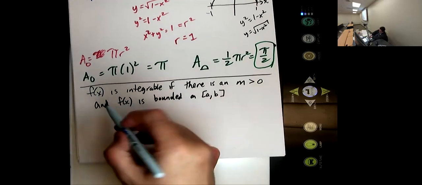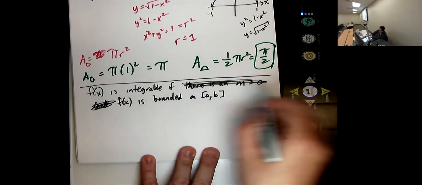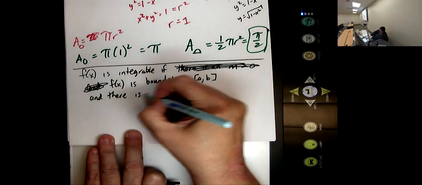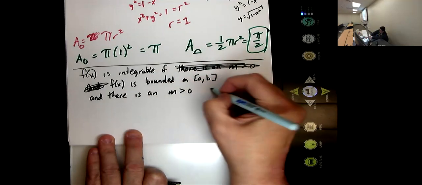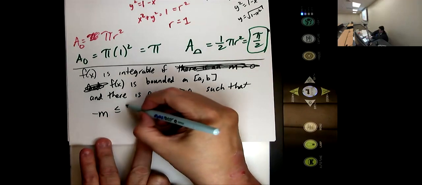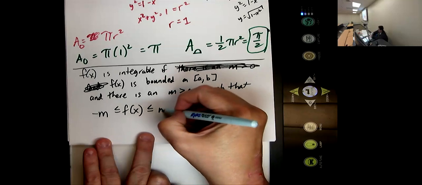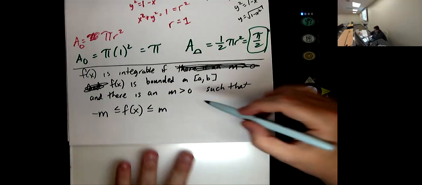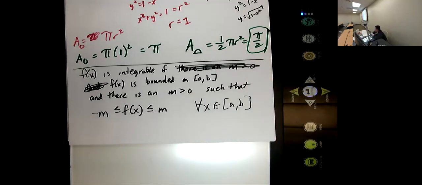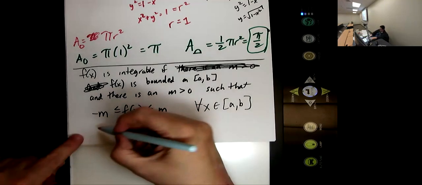Let's try this again. f of x is integrable if f of x is bounded on AB and there is an m greater than 0 such that negative m is less than or equal to f of x, which is less than or equal to m, for all x in AB. So not only is it bounded on left and right by AB, but there's a min and a max.